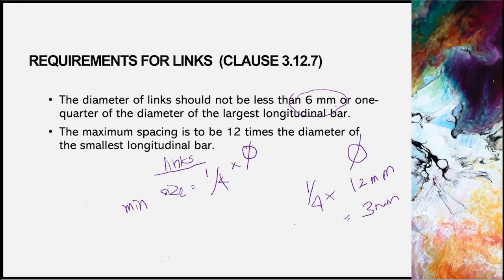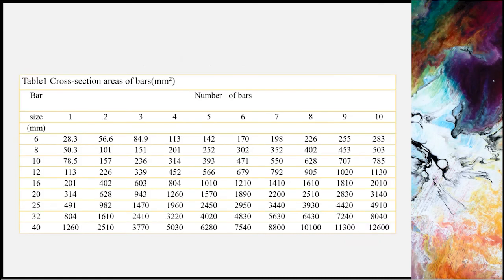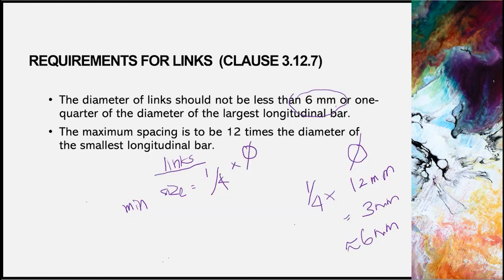Jadi you dapat macam ni, tapi you kena pakai 6 mm. Sebab size bar tak ada lagi rendah daripada 6 mm. Okay, kalau you tengok pun dalam this one, you nampak bar size 6 mm paling rendah. Jadi you cannot put 3 mm.